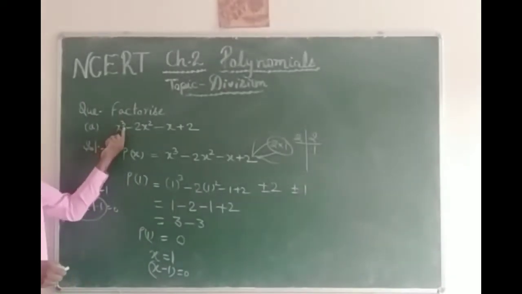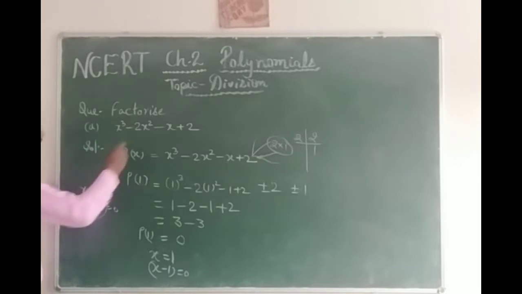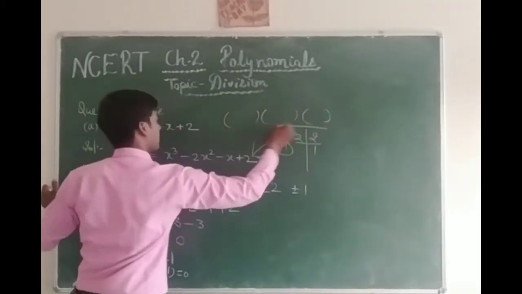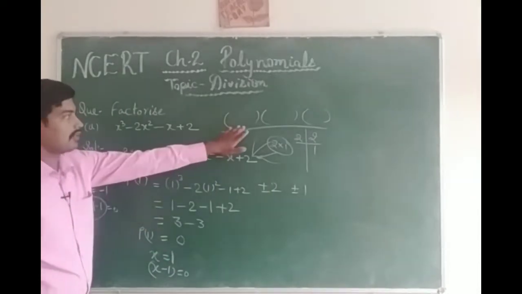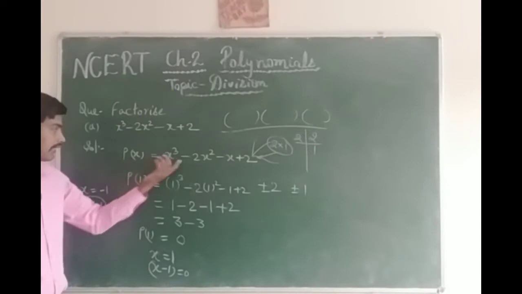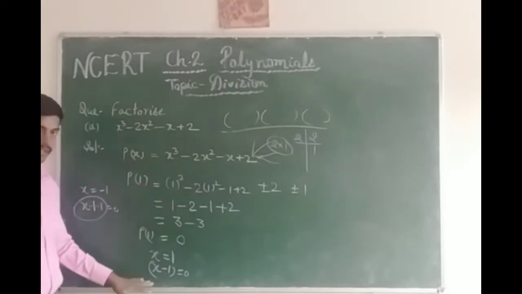As you know, the degree here is 3. It means we get 3 factors, and from these 3 we already have one factor, that is x minus 1, because it satisfies this binomial, so this will be a factor.